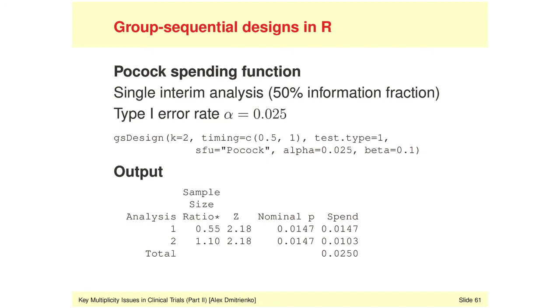We can now run this function and it gives us the adjusted significance levels at the interim analysis as well as the final analysis. With the Pocock spending function, these adjusted significance levels are always the same, and it's equal to 0.0147 at the interim as well as the final analysis.